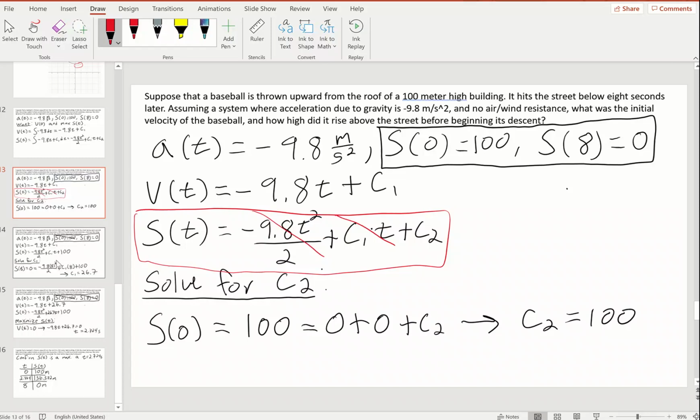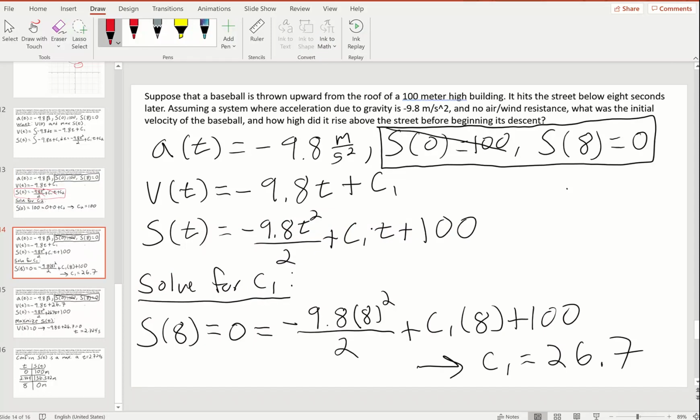Okay, nice and simple. So now let's update our general solution. I now have, instead of plus C2, I have plus 100. I'm now going to use the second initial condition, or maybe in this case it's like the final condition. So S of 8 is equal to 0, so I'll just plug in or substitute where appropriate. And the algebra tells me that my constant C1 is 26.7.